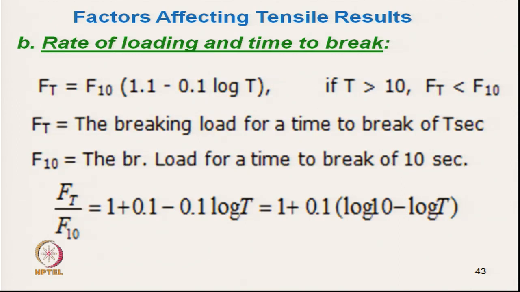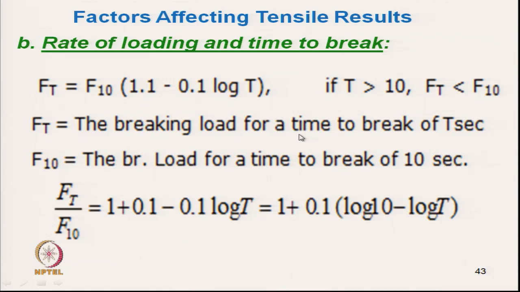Before that, the rate of loading and time to break: this formula we have already discussed, where Ft is the load exerted by the material when the breaking time is t, and F10 is the load for breaking time 10. This is the general equation.